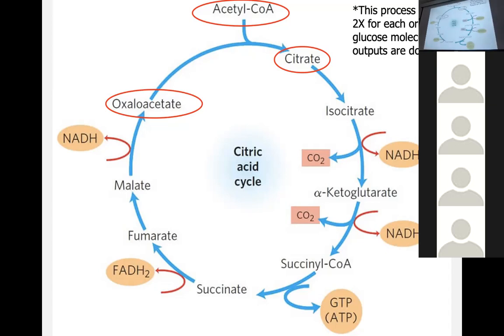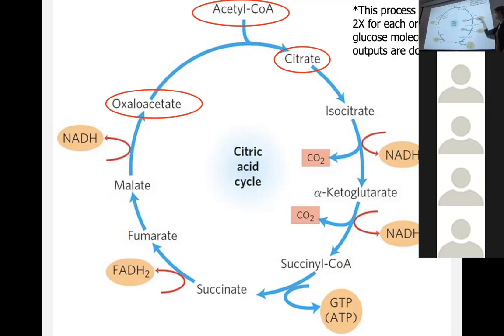Some important notes to keep in mind. Remember, we have one glucose molecule. If we start with one glucose molecule, at the end of pyruvate oxidation, we have two acetyl-CoAs, right? So this is happening twice for every molecule of glucose. This is where it gets a little bit confusing. Just keep in mind, this is one cycle, but if we have two acetyl-CoAs coming in, it happens twice.